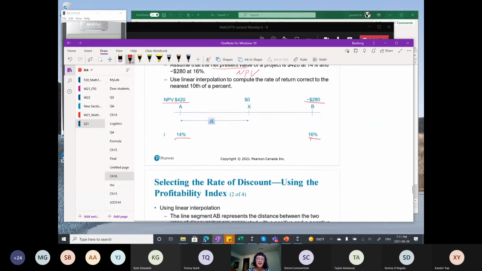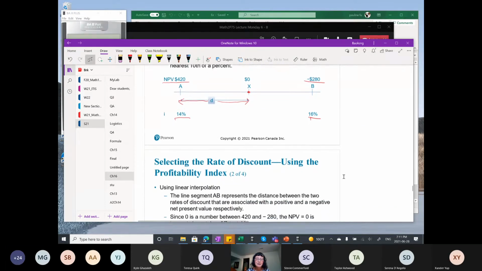So in this diagram, let's say when you have net present value 0, what should be this rate? Okay, so we set up a point, and then we want to find out this one, D here. We call it D. It's like the X, but we use letter D. Okay, similar to the X.